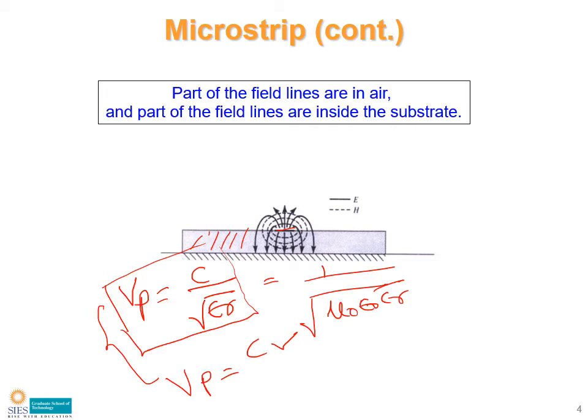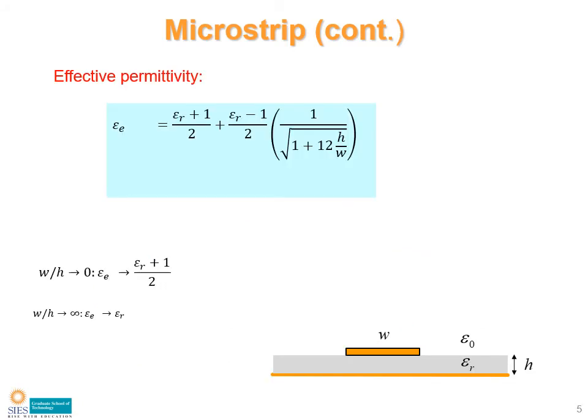Because of this phase difference, the mode of travel is called the quasi TEM mode. When we excite this microstrip line, some of the signal will travel in the free space and some in the dielectric, and when they travel for some distance, a phase difference occurs in the electric field as well as in the magnetic field. So the mode of propagation is called the quasi TEM mode, not a pure TEM mode.